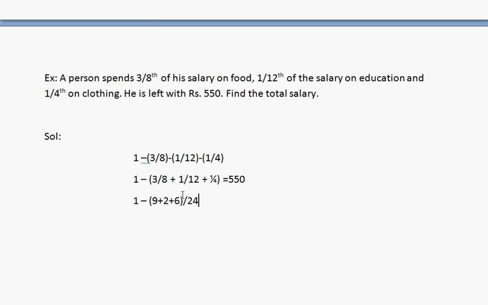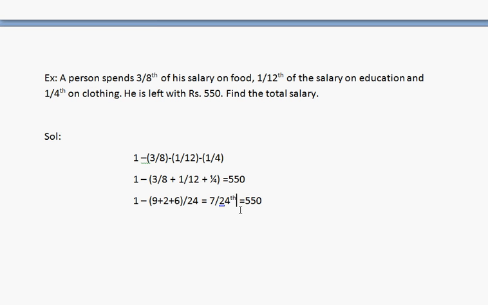So 17 by 24 he has spent, and he is left with 7 by 24, right, which is equal to 550, right? So 7 by 24th part is equal to 550.